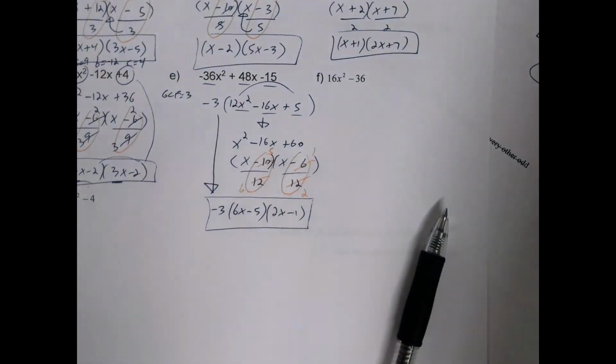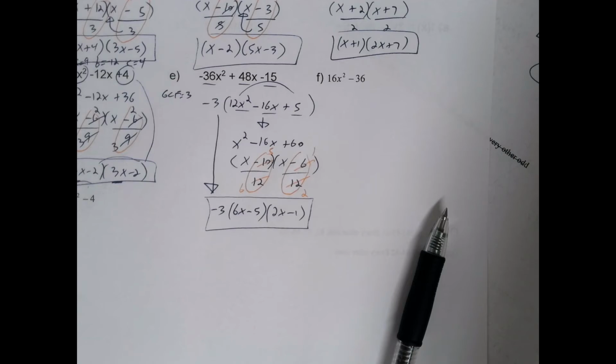I want you to see that sometimes, and notice, what form is this guy in? It's in intercept form. So keep that in mind. So you generated the intercept form, where the A value is -3.